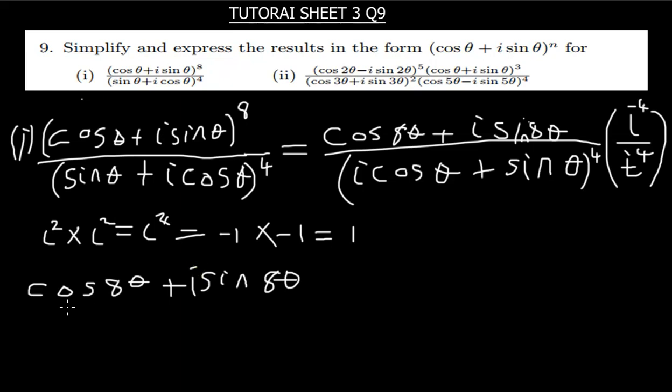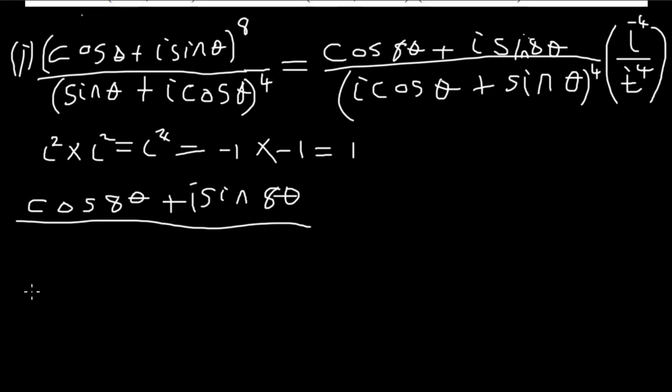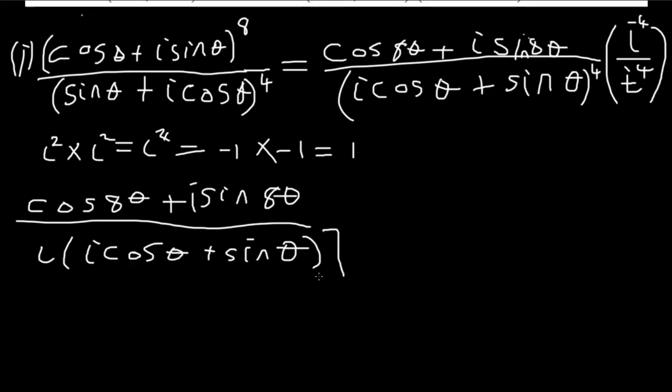Then on the denominator, when you multiply this i to the power 4 times everything down here, you are simply saying i, then open brackets, i cos theta plus sine theta, and then everything raised to the power 4, such that when I open the brackets, this 4 will be the power of i, and then this 4 again will be the power of this, which is just the same.